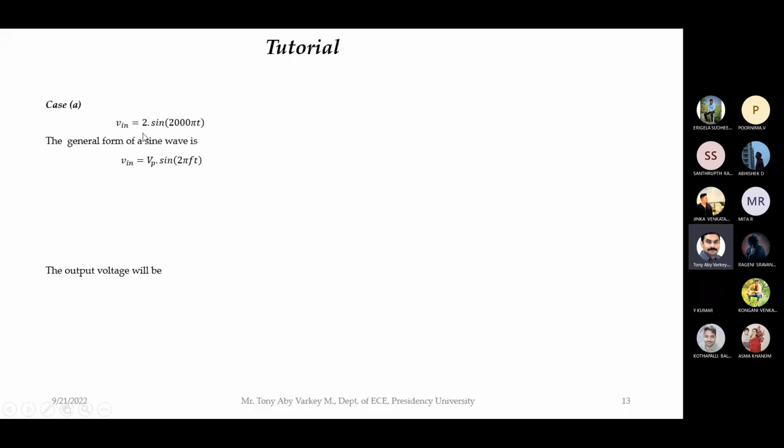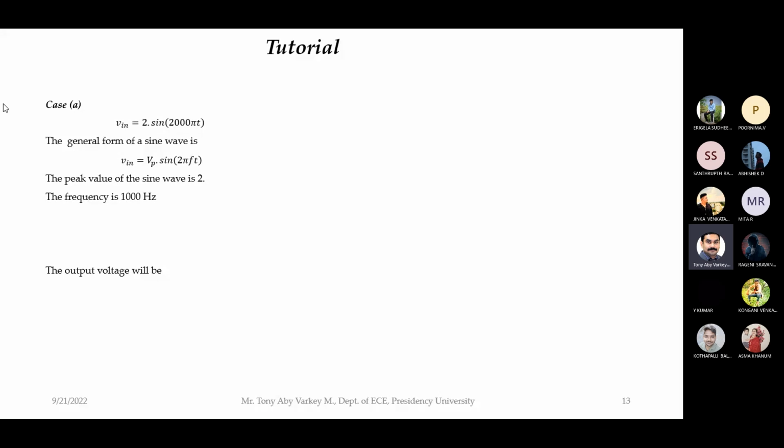Vp is 2. Then what is the frequency? 2 pi f is equal to 2000 pi, so f will be equal to 2000 pi divided by 2 pi, which is 1000. Is it clear? So frequency is 1000 hertz.